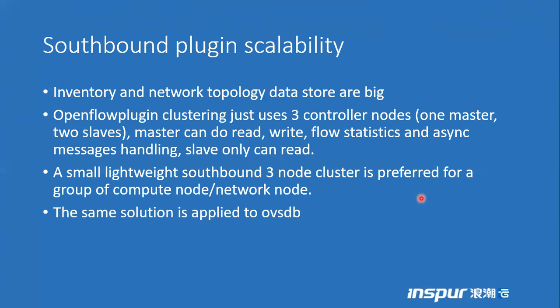But slave node can only do read operation. Actually, in these 3 OpenFlow plugin nodes, no node can do write and read operation locally, because we only have 1 leader shard in ODL cluster, right? So actually, OpenFlow plugin cluster node just does read and write from the leader shard node. So it's a remote operation.